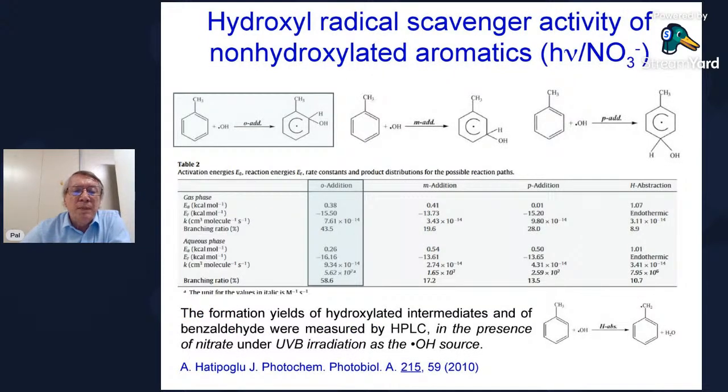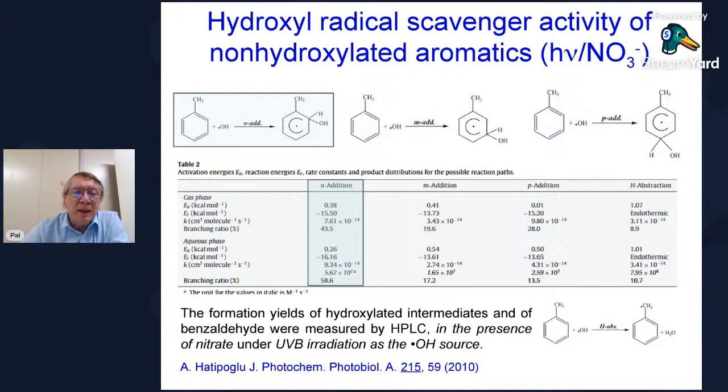Experimental results showed that when we have an aromatic ring with a non-hydroxyl substitution, the preferred reaction is the substitution of the aromatic ring in the ortho position with respect to the aliphatic substitution. Of course, this is not the only product according to the experiments and the theoretical calculation.